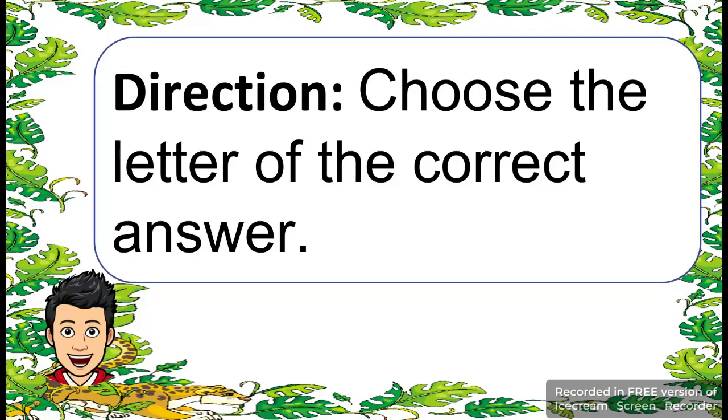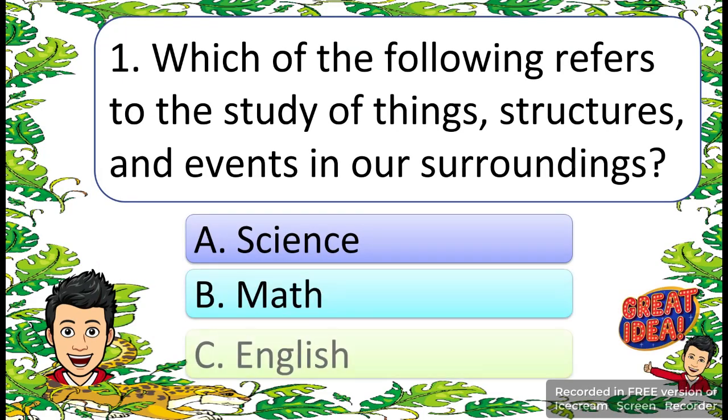For your last activity, direction: choose the letter of the correct answer. Number 1. Which of the following refers to the study of things, structures, and events in our surroundings? A. Science. B. Math. C. English.